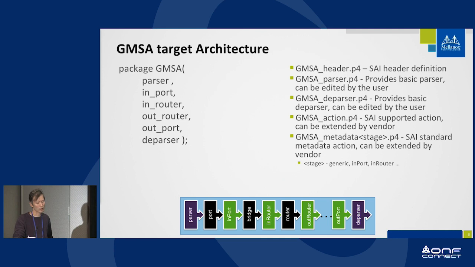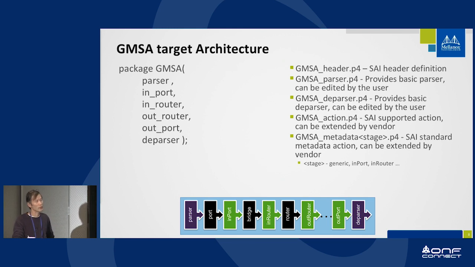Okay, parser. So we give a basic standard parse chain. The user can modify by adding headers and transitions, and the same thing for a deparser. Okay. There should be a generic set of actions, GMSA actions here. So for example, we would take all the actions supported by SAI, which have been agreed upon by multiple vendors as common actions, and we'd take that as the initial base.